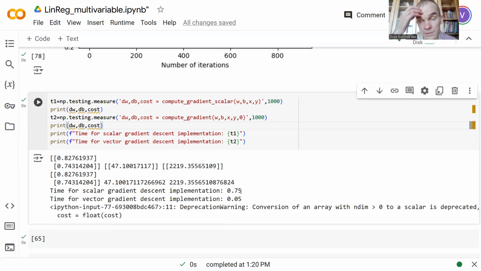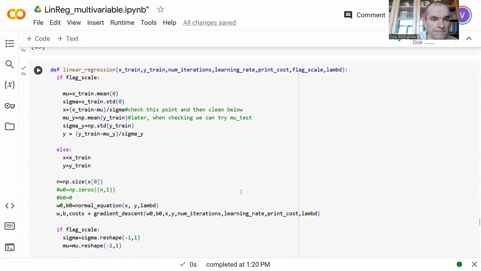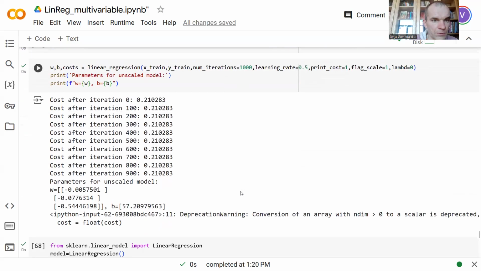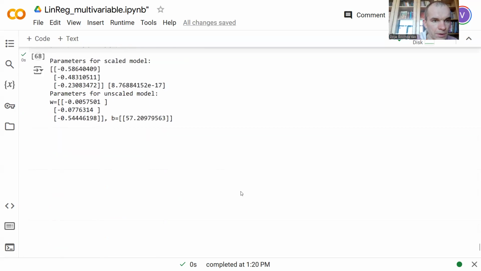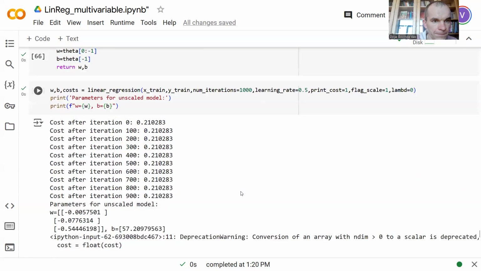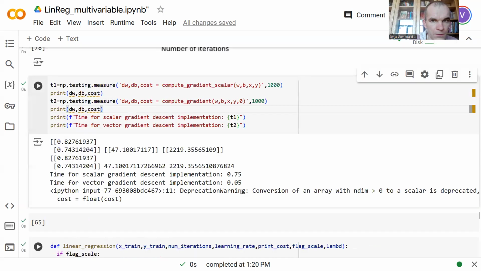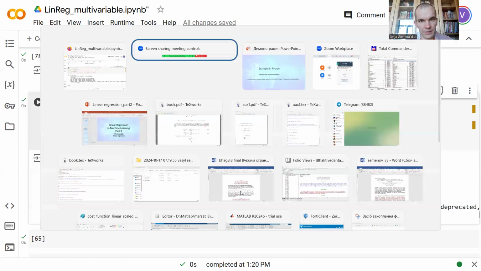So in 15 times, the computation time reduced for vectors implementation of gradient descent. In one-dimensional case, if you remember, the reduction of computation time was only in three times. Here in 15 times. Okay. This is a complete function of linear regression. I think we can stop at this point.